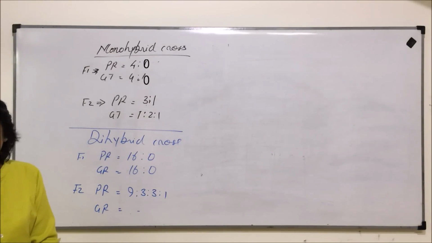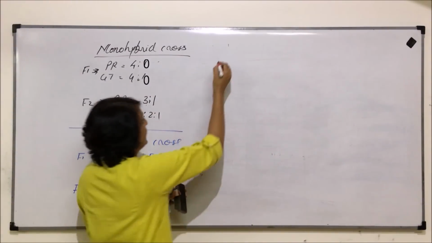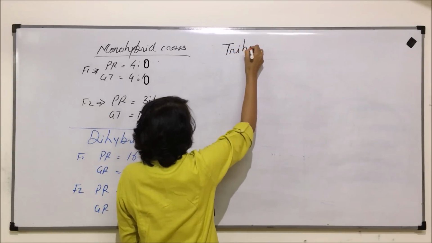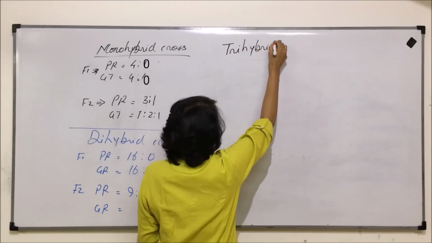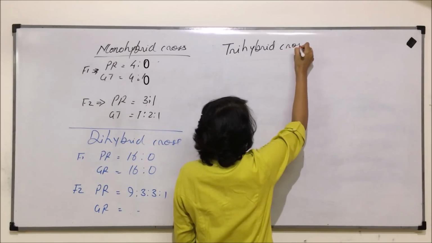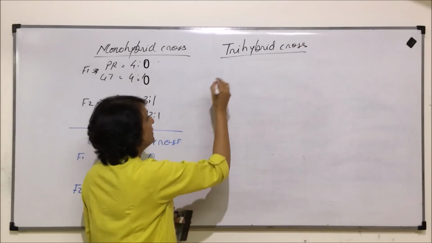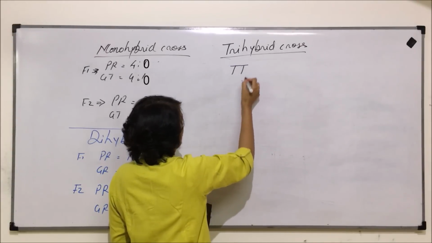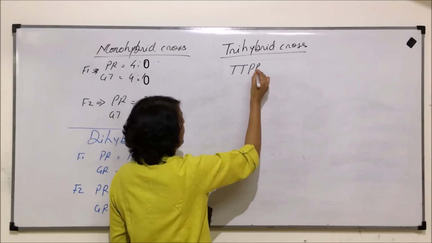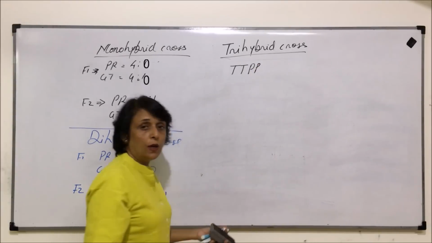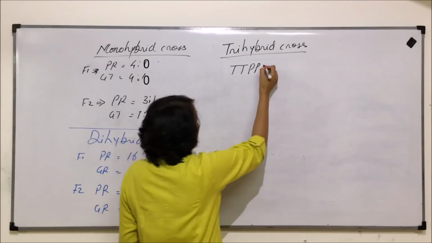Now let us come to trihybrid cross. Trihybrid means we are taking 3 traits or characteristics into account. Say we are talking of pure tall with purple flower and say the position also.